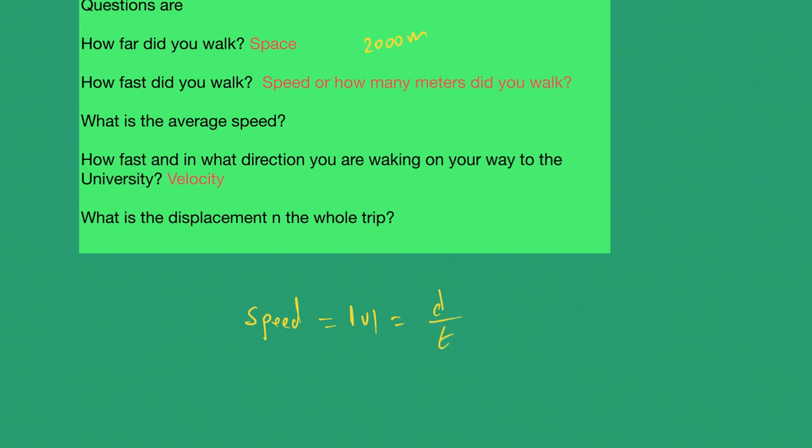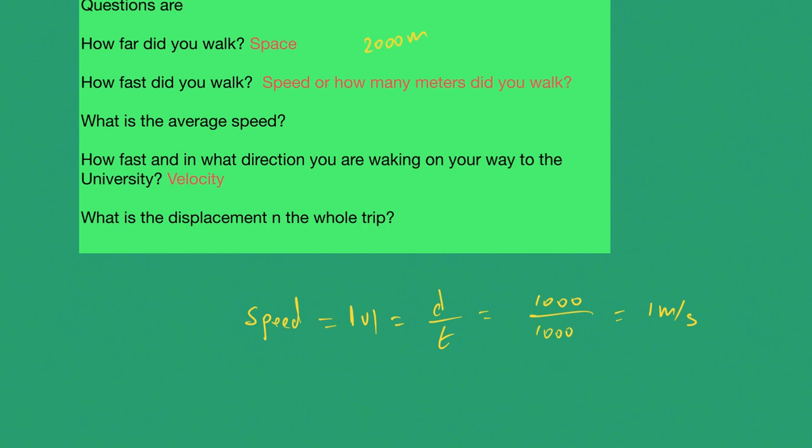So in the first step, when you go from home to the university, you walk 1,000 meters and it takes a time t of 1,000 seconds. So the speed is 1 meter per second. It looks the same as the velocity, but it's not the same. We'll see why it's not the same.